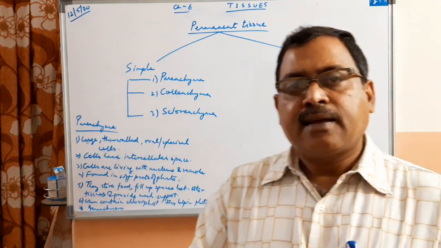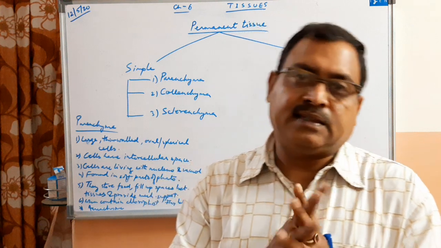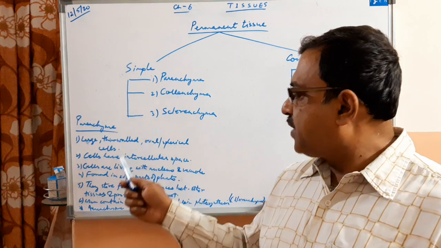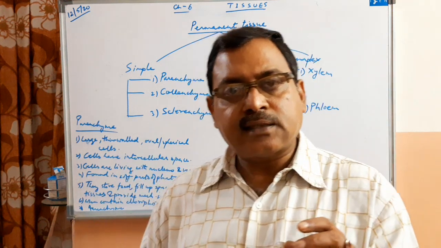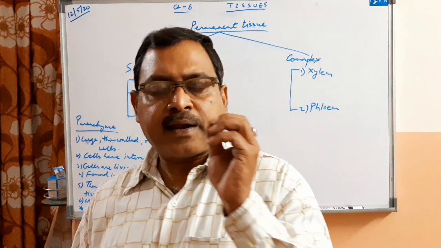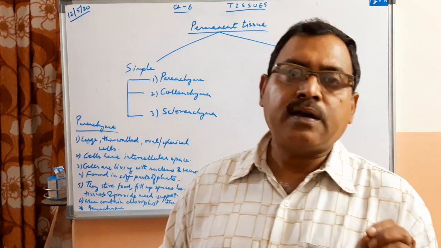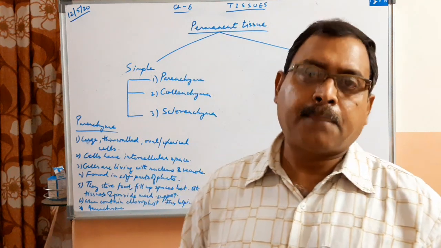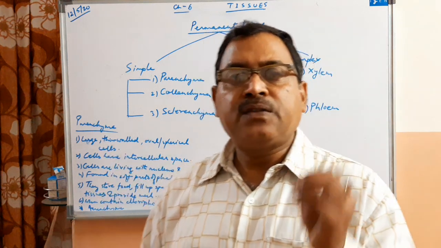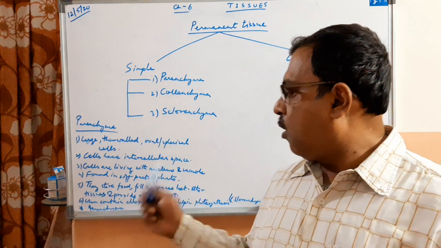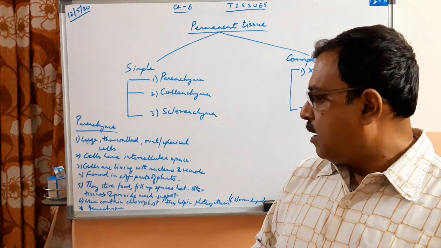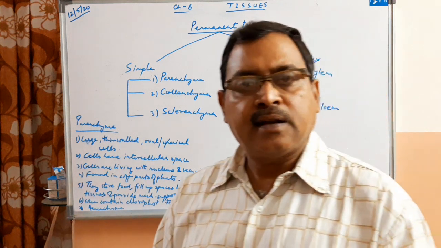The cells have intercellular space between them. Clear? Moreover, cells are living with nucleus and a vacuole. These cells of parenchymatous tissue are found in the soft regions of the plant. They help in storing food.